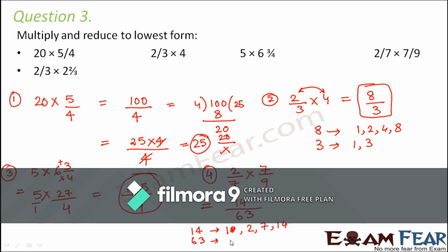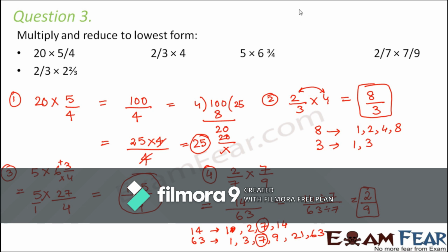And for 63, the factors would be 1, 3, 7, 9, 21 and 63. Which is the highest common factor? The highest common factor here is 7. So we will divide both the numerator and the denominator by 7. 14 divided by 7 is 2 and 63 divided by 7 is 9. So 2 by 9 is the lowest form.